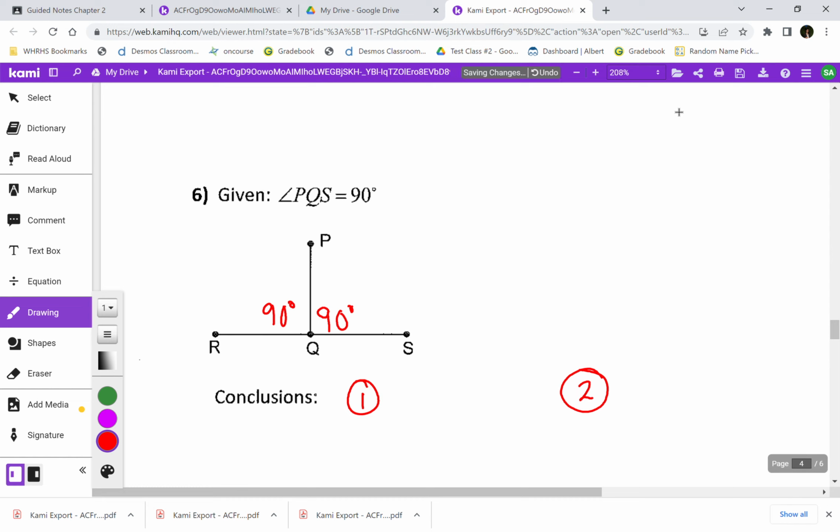Okay, I'll give that to you. But the conclusions I was looking for are that angle PQS equals a right angle, and that segment PQ is perpendicular to segment RS. Those were the 2 I was looking for.